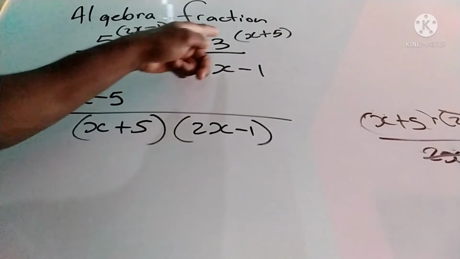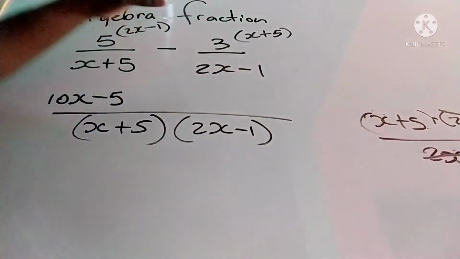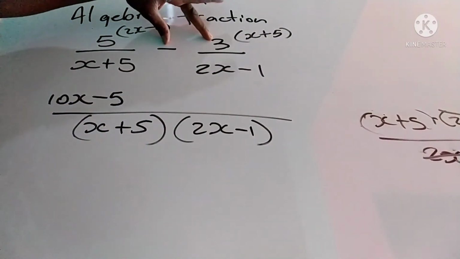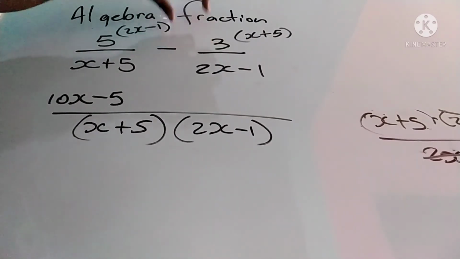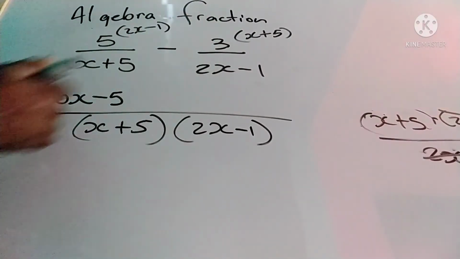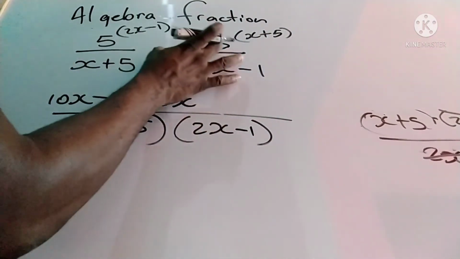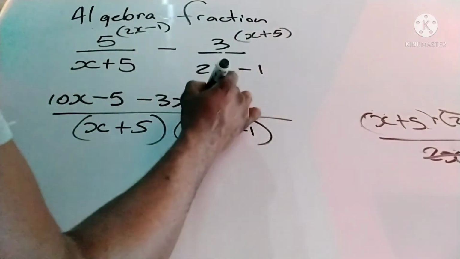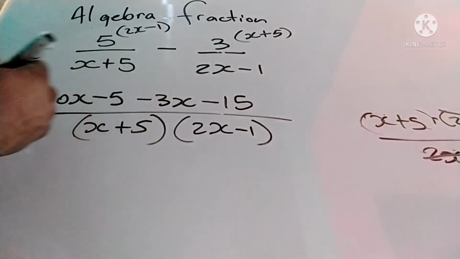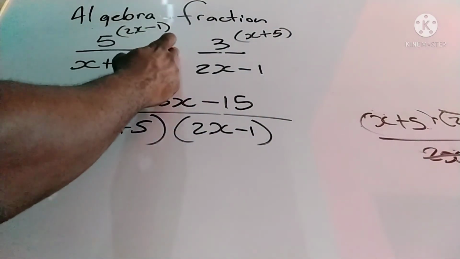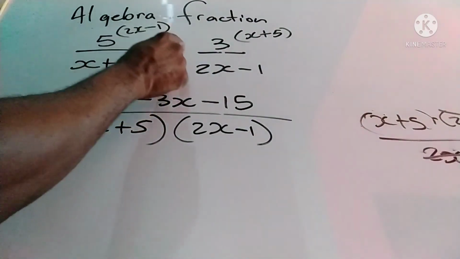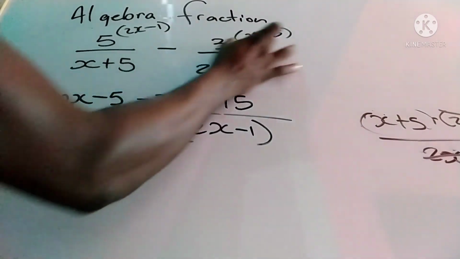So don't just use 3 times this, 3 times that. No, you're going to have to classify this 3 now as a negative 3. And remember what I said in the previous example. So negative 3 times x, that's negative 3x. Negative 3 times 5, that's negative 15. And this is where people make the error. So I'm saying to us, remember to attach this and use it.